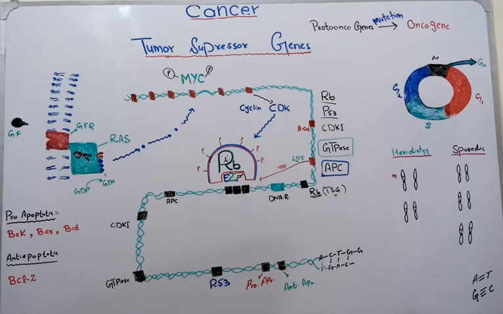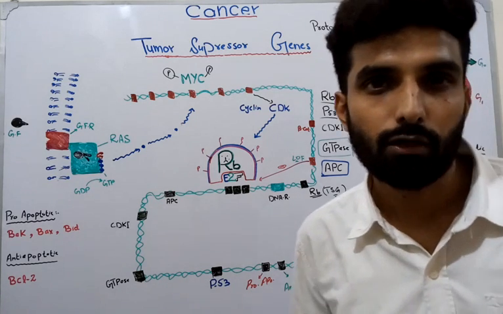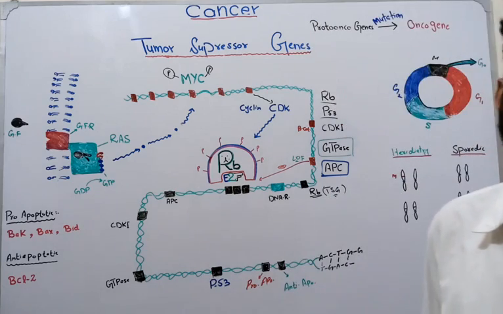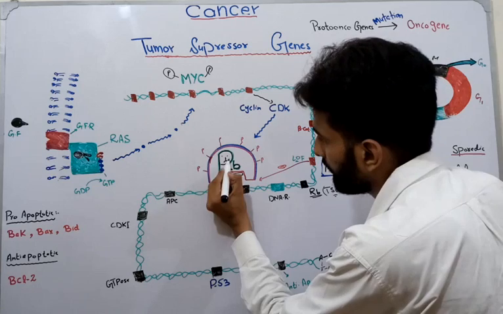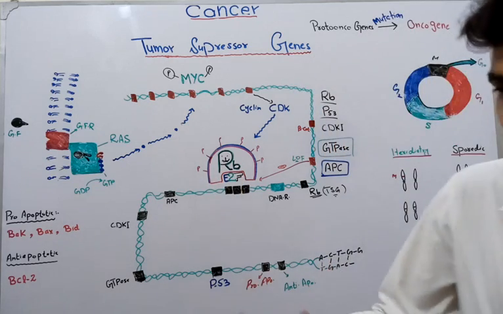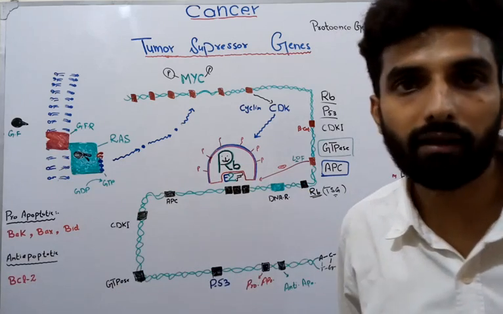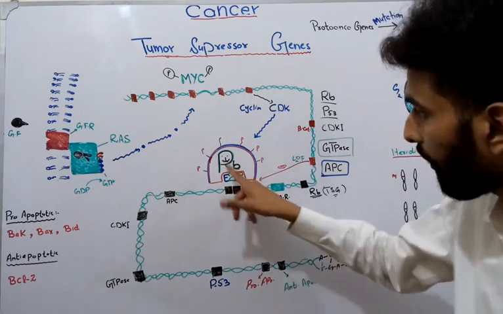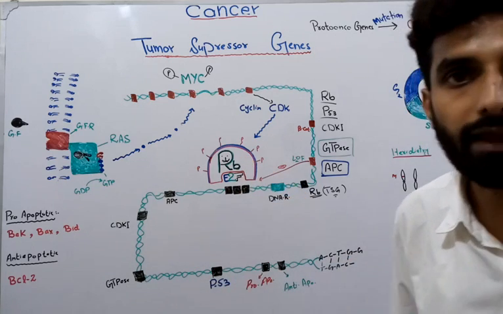I have explained that to develop cancer, in the tumor suppressor genes there should be a loss of function mutation. Now, what is the function of this RB protein? To hold the E2F factor and not allow it to go and transcribe the genes.